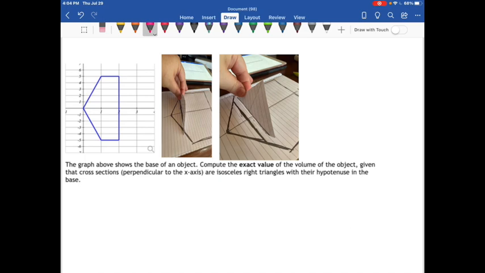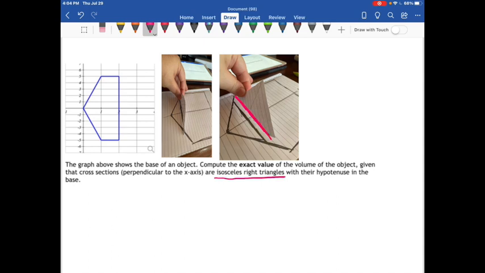The problem is telling us that the cross sections are going to be isosceles right triangles. And so when we look at this picture, we're going to have it three-dimensional. It's going to come up out of the space. And I'm going to draw this with a pink line.